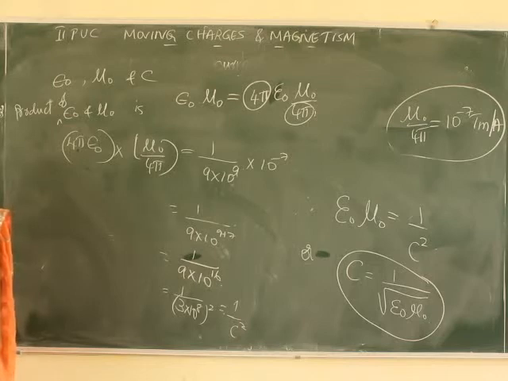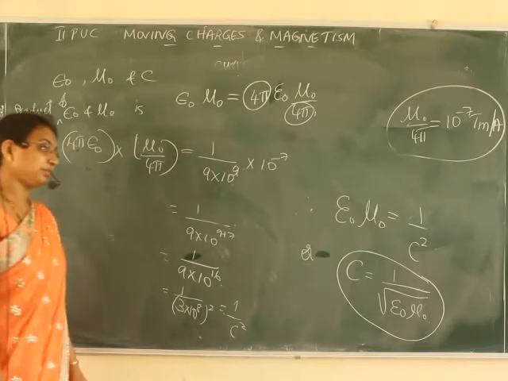Then the principle of superposition applies to both fields. The magnetic field is linear in the current element, and the electrostatic field is linear in the source, that is the electric charge.